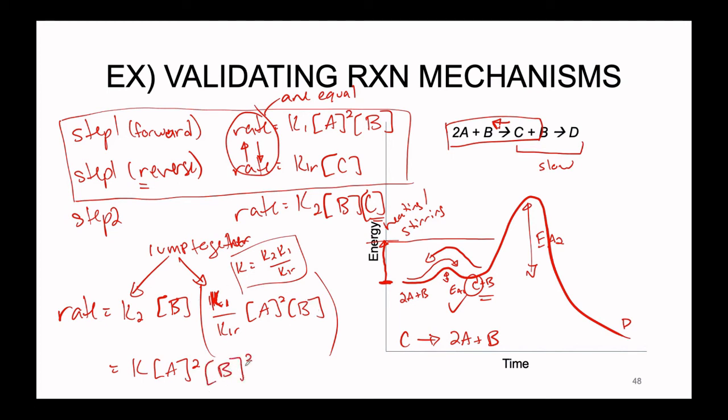And now we have a way to calculate what our overall rate of the reaction is going to be, assuming that our reaction mechanism is correct, and step 2 is our slow step. So yes, it's tedious. Yes, we're making some assumptions here, but this is going to be the best way to solve for what our rate law expression is for a reaction in which the second step is our slow step.